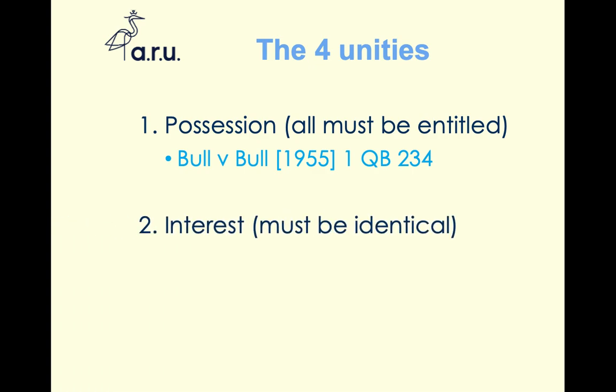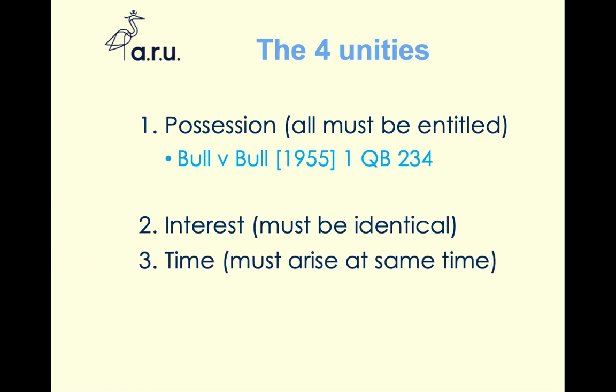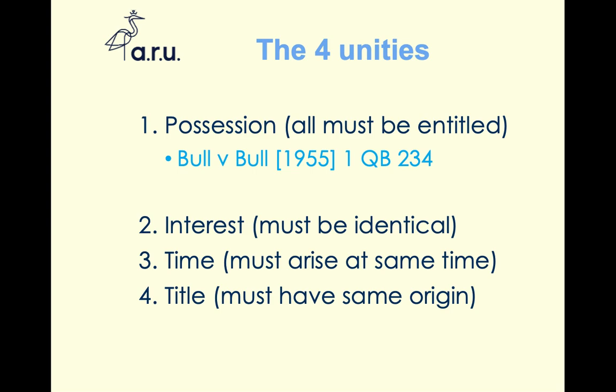Their interest has to be for the same duration, the same nature and extent. They have to have the same interest in land as each other for the same time period as well, which is time. It has to both happen at the same time through the same purchase or inheritance document, and title, that origin of the document, e.g. the transfer or the will.